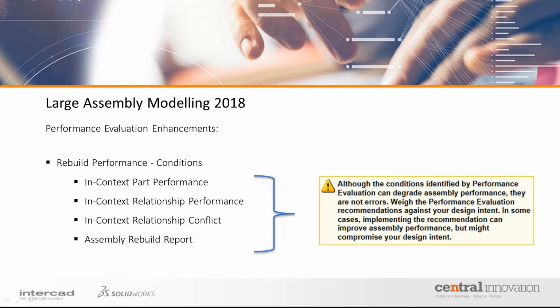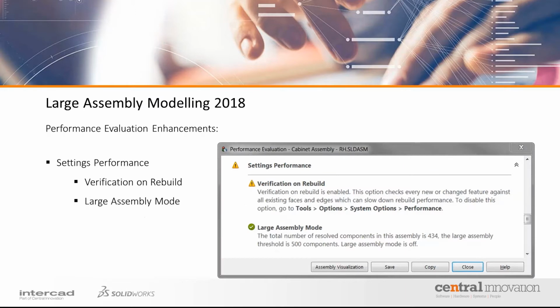Okay, so moving on to the settings performance. There are two settings that are shown here. First one is verification on rebuild. When this option is off, the software checks every new or changed feature against any adjacent face and edge.